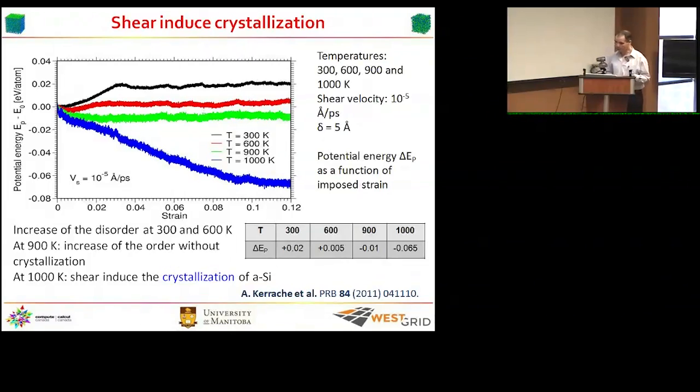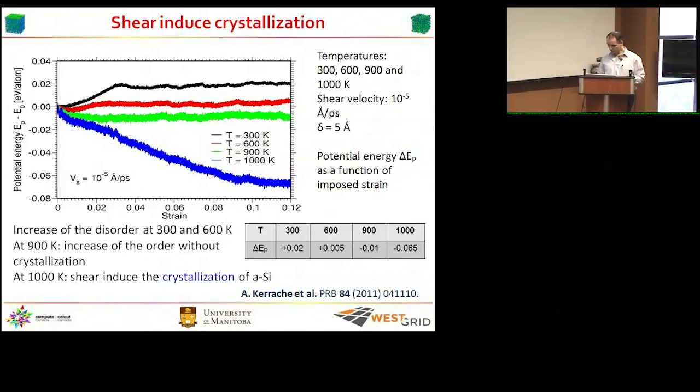Now, if I apply the same shear deformation, but at different temperatures, from this plot we see that if we do the simulation at 300 Kelvin, we have an increase of the potential energy, then we reach the flow.